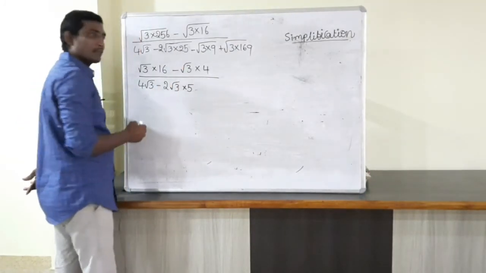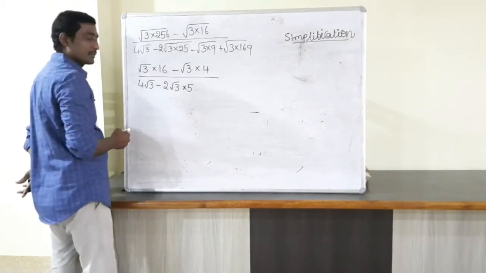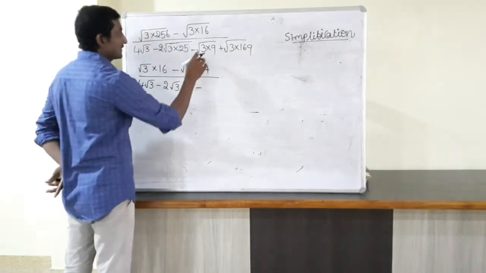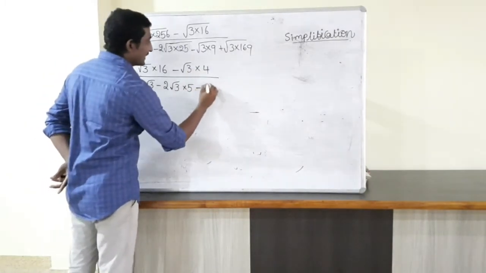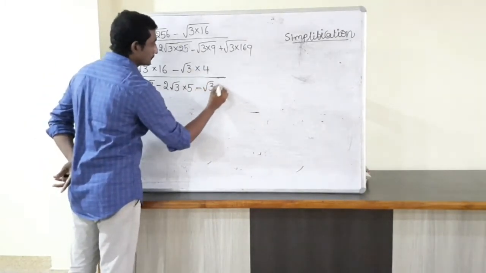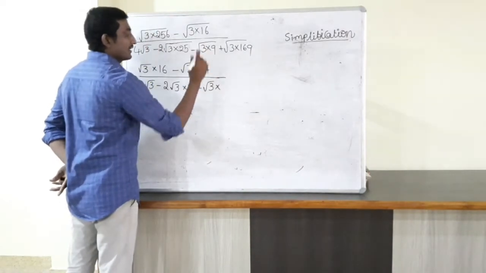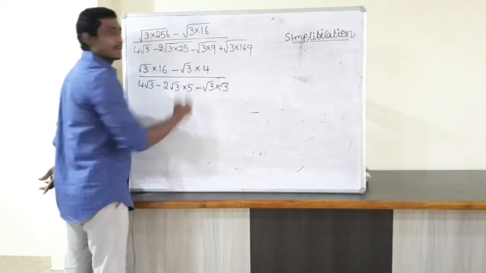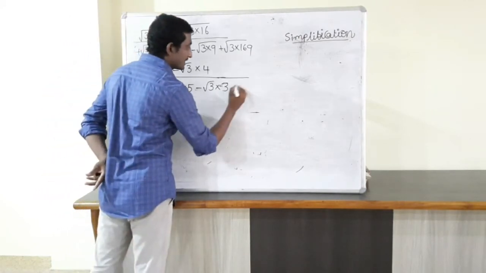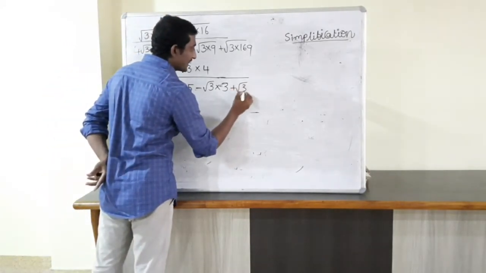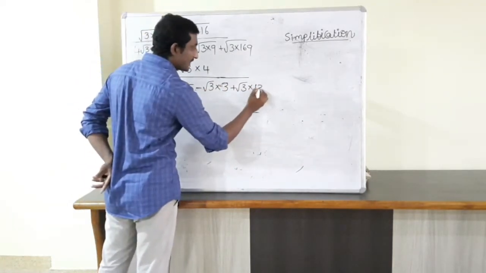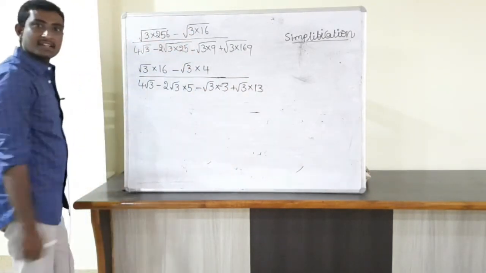Minus root 3 into root 9, how much? 3. Plus root 3 into root 169, how much? 13.